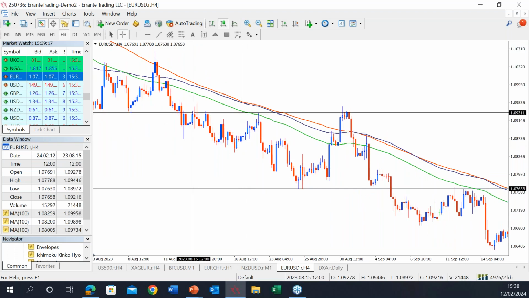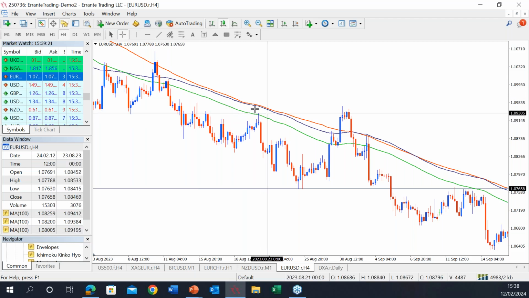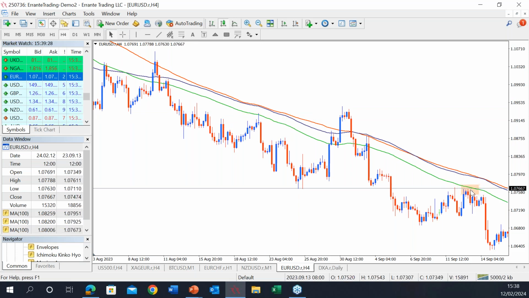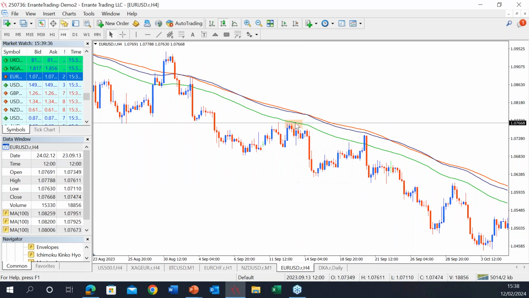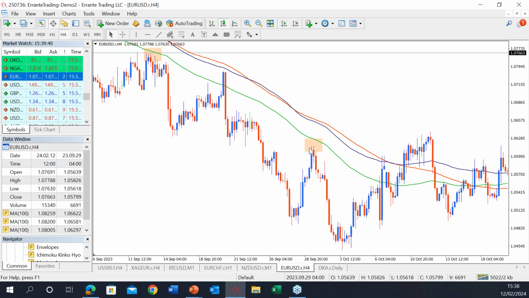You see the linear weighted moving average can point out many different resistance levels, like here, like this area. So we might consider it, as it's closer to the price, a more reliable indicator in this case.